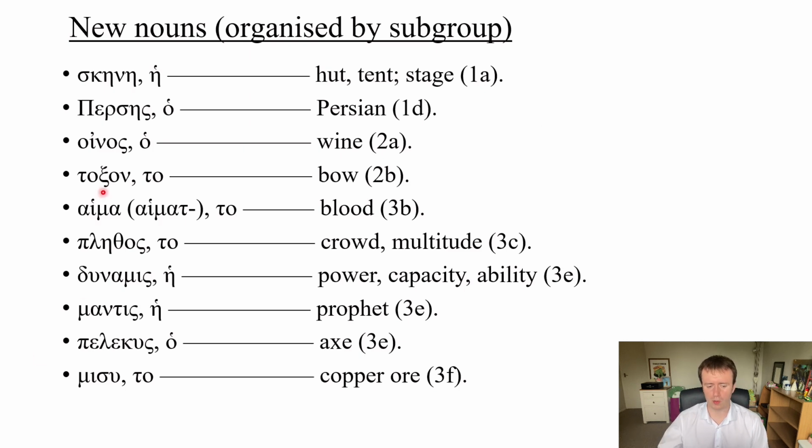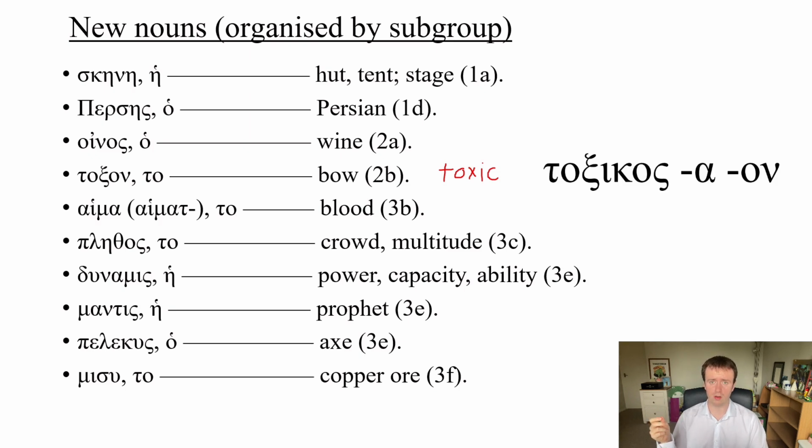Now the fourth one, toxon, gives us the word toxic. Now, they mean quite different things, right? Toxon means a bow, and toxic means poisonous. So you might think, how does toxon give us toxic? Well, the word toxon gives us the Greek adjective toxikos, which means of or for the bow.